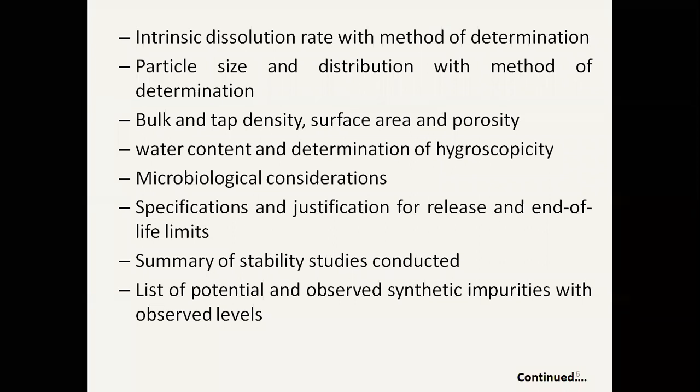So they should produce a summary, that is the temperature, humidity, percent retained, or some test to be performed likewise. Then a list of potential or observed synthetic impurities. If they found some impurities, they must list those impurities, or some potential ones that may occur at a later stage, with the data to support proposed specifications and typically observed level, meaning the minimum level they observed and what the acceptance criteria will be.